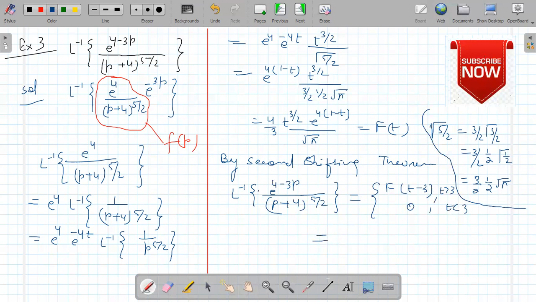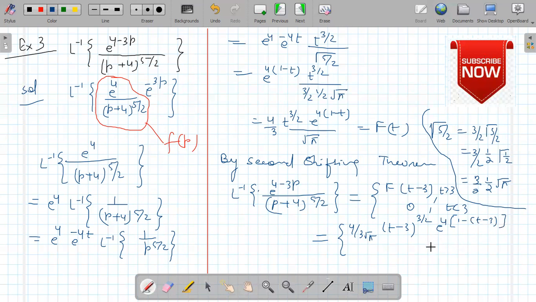So we write this as 4 upon 3 root pi, and t will be replaced by t minus 3, raised to the power 3 upon 2, e raised to the power 4. We put a big bracket here, 1 minus, then a smaller bracket for t minus 3, then close the bigger bracket.